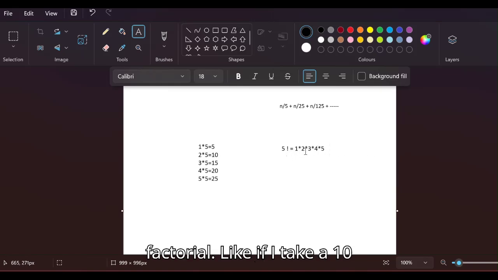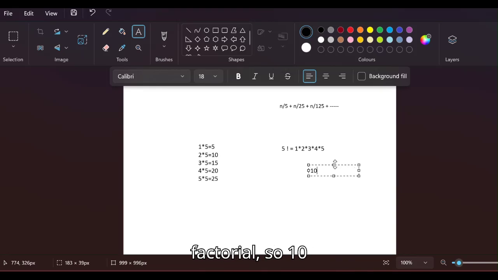For factorial, if I take 10 factorial, it is equal to 1 into 2 into 3 into 4 into 5 and so on into 9 into 10, right?